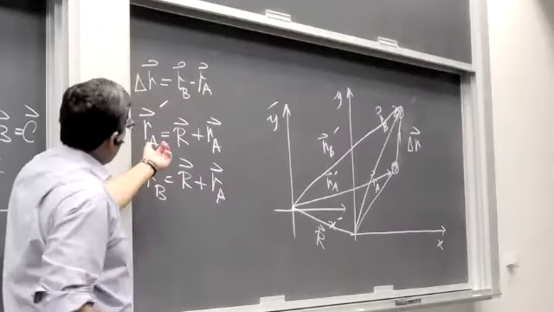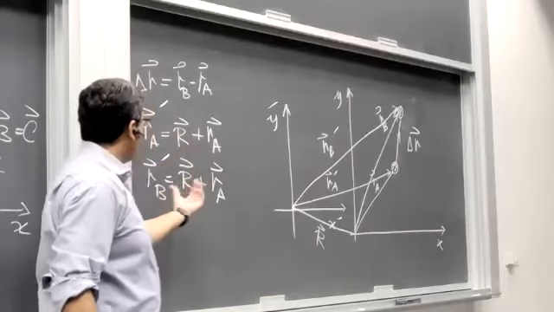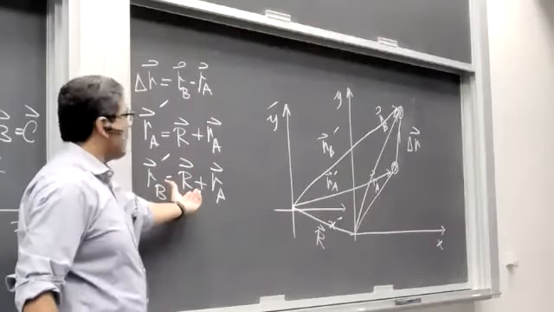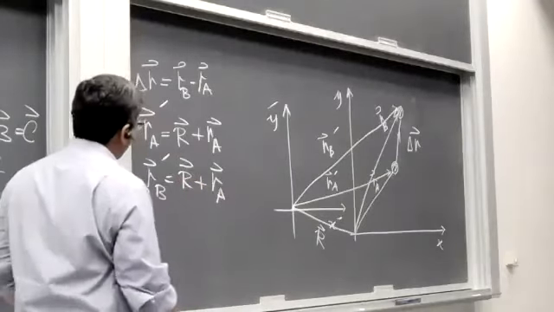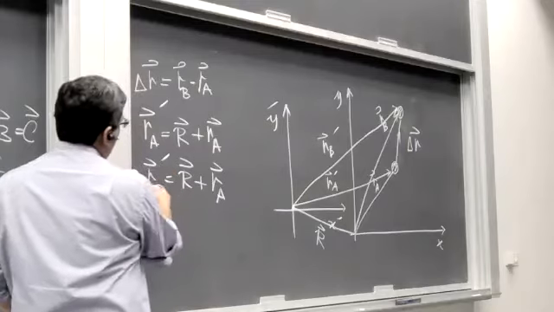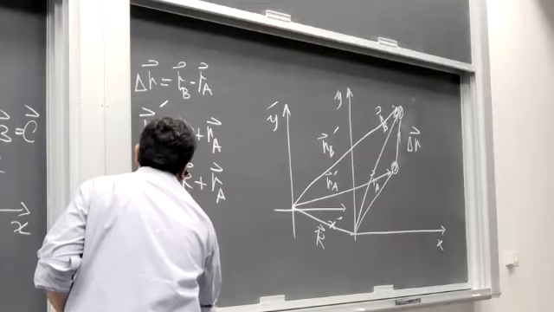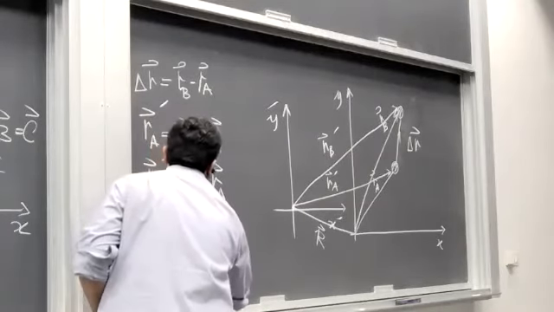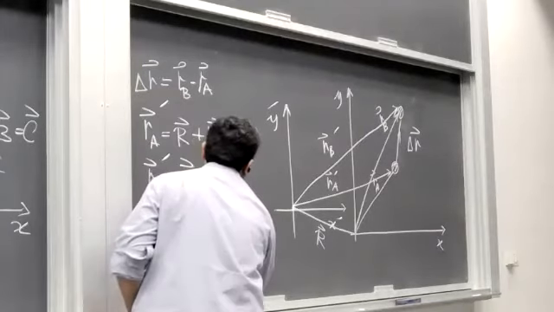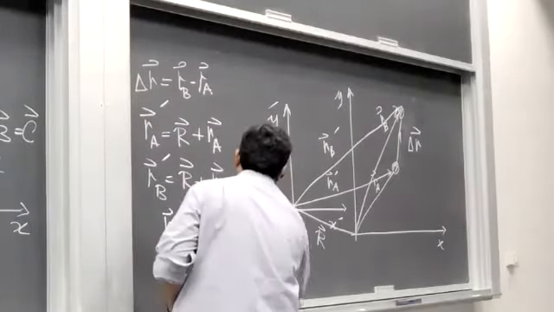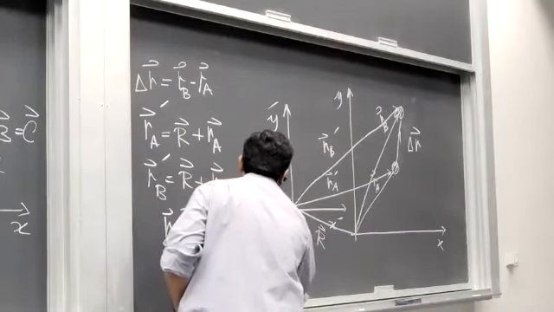So we have RA prime equals uppercase R plus RA, and we have RB prime equals uppercase R plus RB. All right. Now, if you take the difference, RB prime minus RA prime, what you are going to get is again RB minus RA.